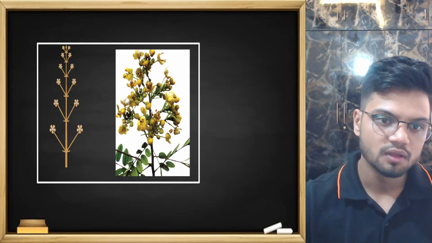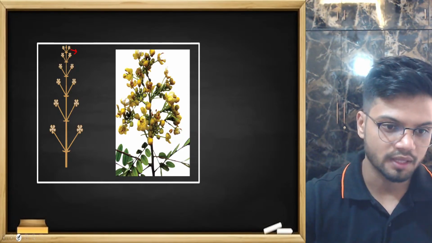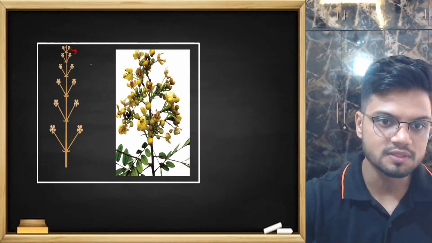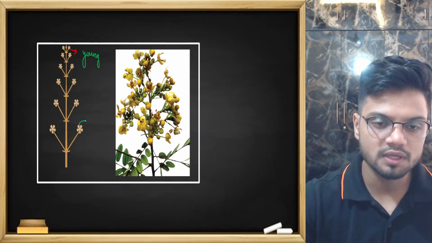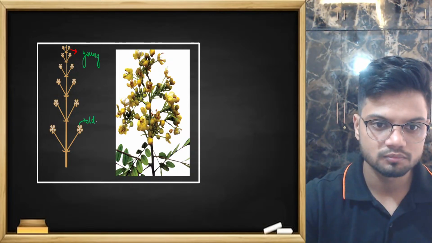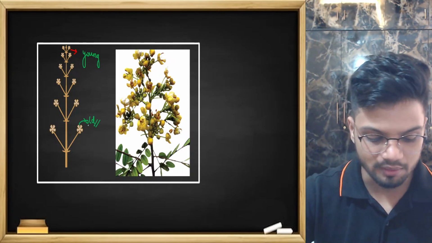Again, can you see here? Young flowers at the top, old flowers at the bottom. So can I call this racemose or cymose? Tell me in the chat, all of you.